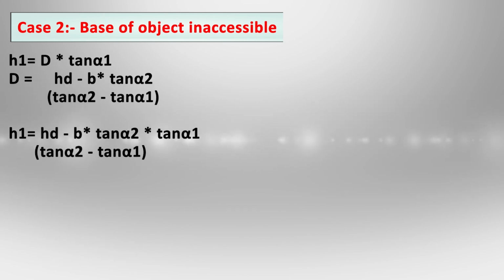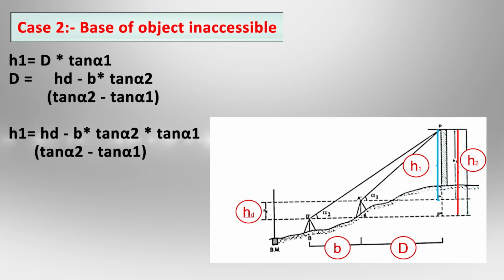Now like in the previous case, we will substitute the value of D in H1 is equal to D tan alpha 1. We get the value of H1 as (HD minus B tan alpha 2) in bracket multiplied by tan alpha 1 divided by (tan alpha 2 minus tan alpha 1).